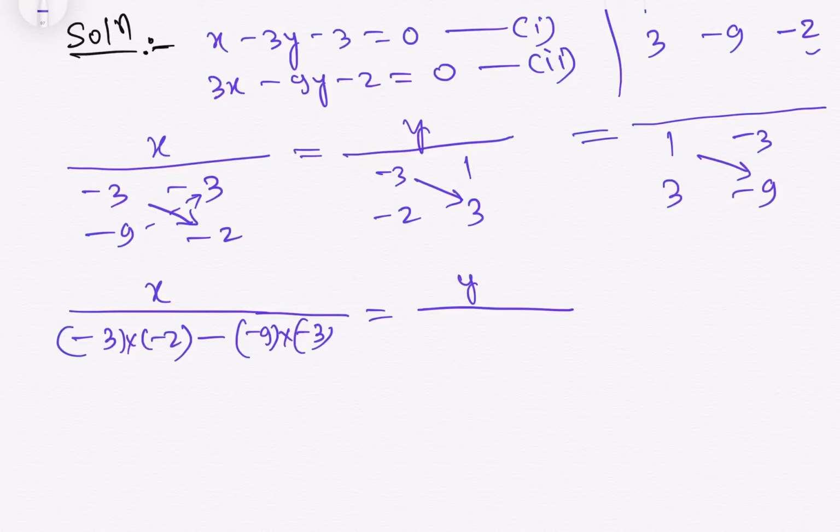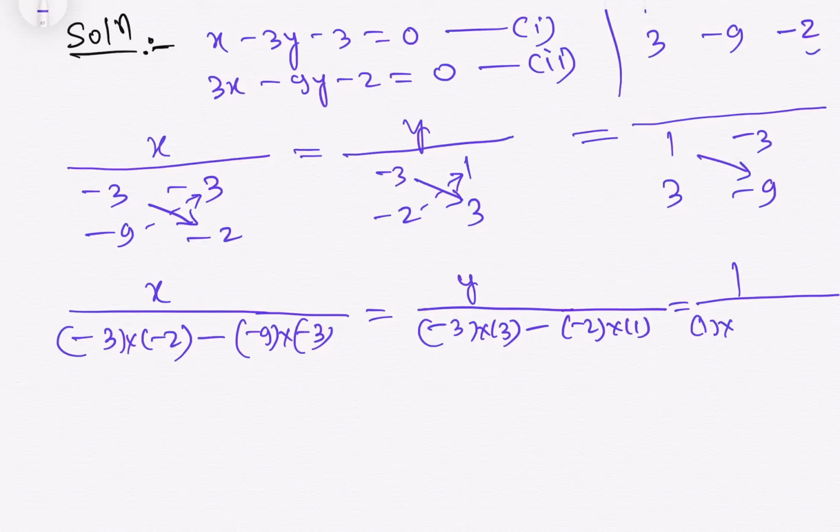So down, minus 3 into 3. After that you write a negative sign, then the upward arrow, which is minus 2 into 1. For the constant part, you write first the downward arrow operation, 1 into minus 9, then a negative sign, and then the upward arrow operation, which is 3 into minus 3.